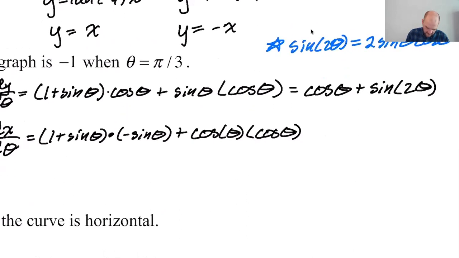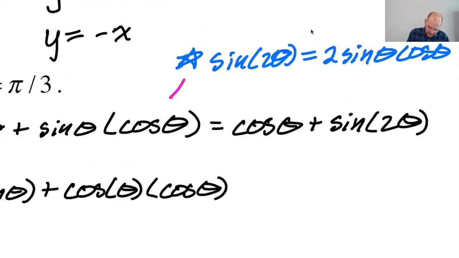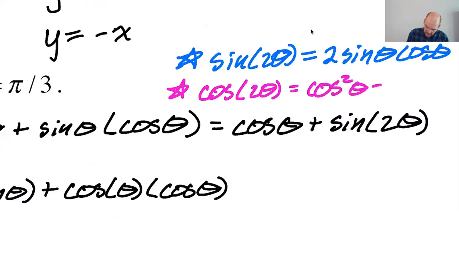And then this one, I'm going to end up with cosine squared minus sine when I distribute. I mean, this is obviously cosine squared, and then negative sine squared. So I have cosine squared minus sine squared. I'm going to use the fact that cosine of 2 theta is cosine squared minus sine squared.